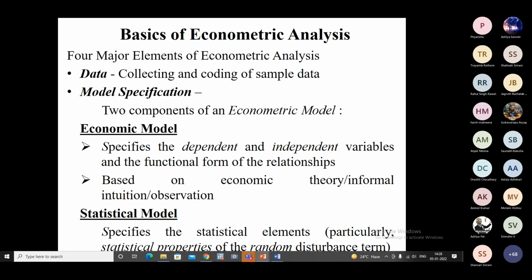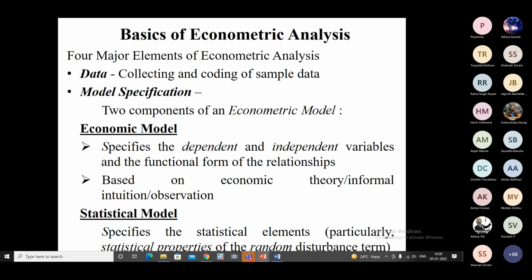Second, this part already we have discussed in yesterday's class. Basically, specification of economic model and then converting that into a statistical model. And here, economic theory, informal intuition, observations, all would be very, very important in specifying the economic model.